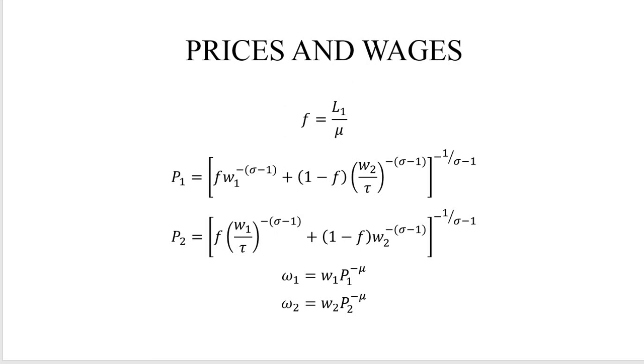So I already give you a hint. You can assume the same values for sigma and mu, and what you have to do is just to analyze what is the relationship between the ratio of real wages and F depending on the assumption about the size of transportation cost.